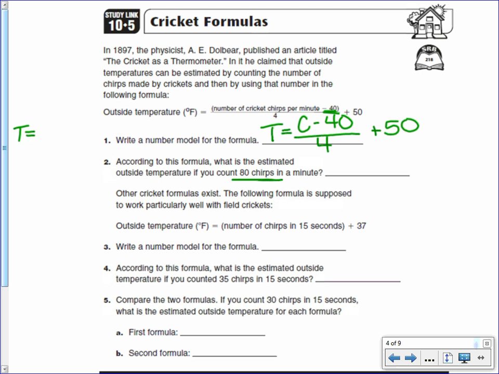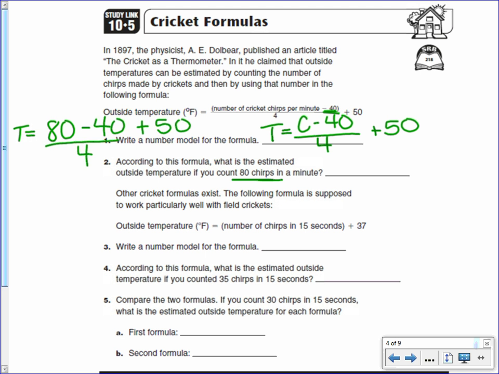So we know there were 80 cricket chirps in that minute. The rest of the equation stays the same, right? We're going to subtract 40, divide by 4, and add 50.